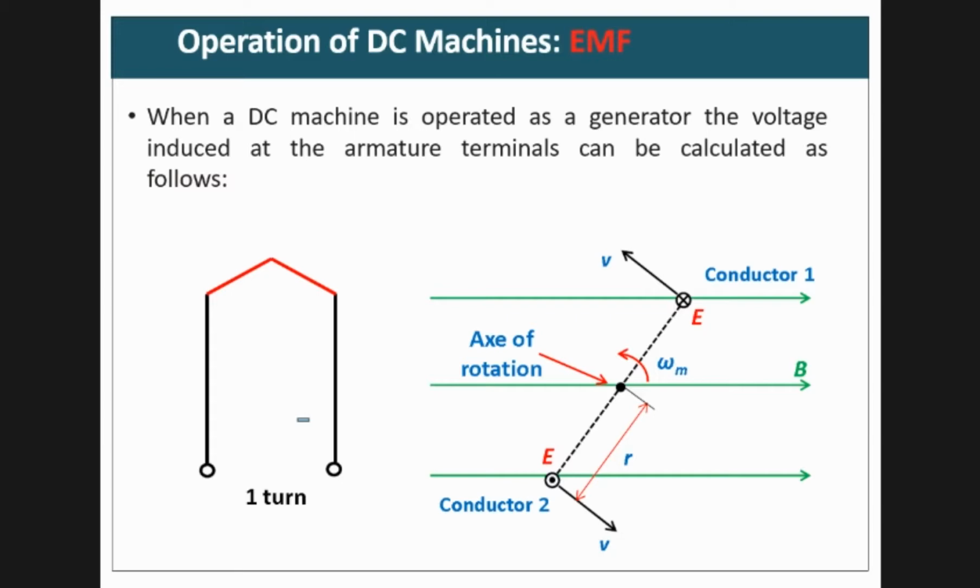So we can calculate EMF by using the E equals BLV relationship. L is the length of the conductor, so E equals BLV can be applied only to a single conductor.